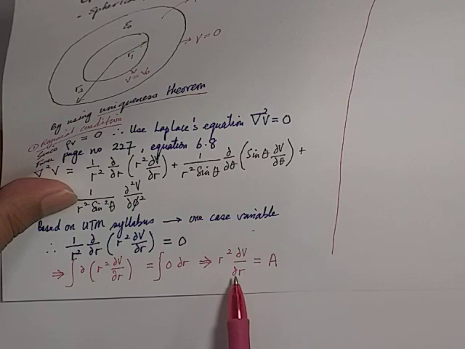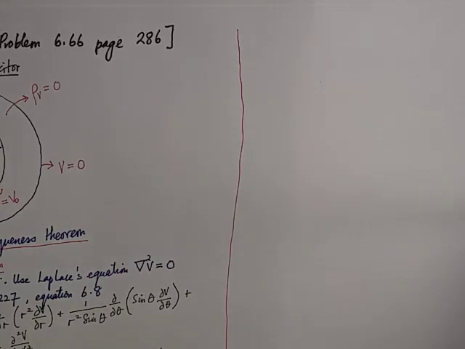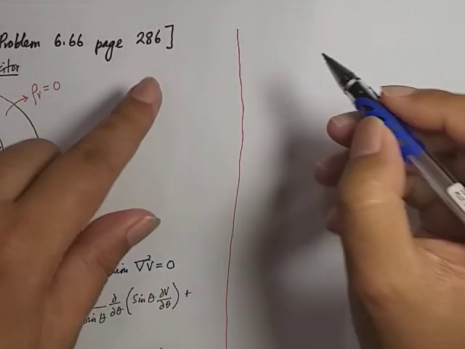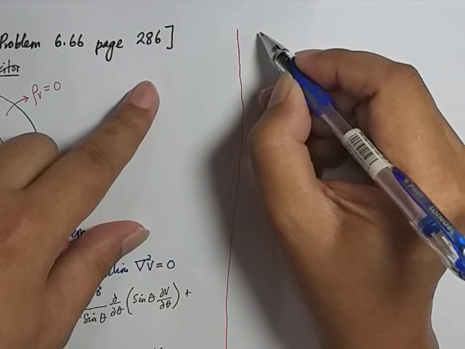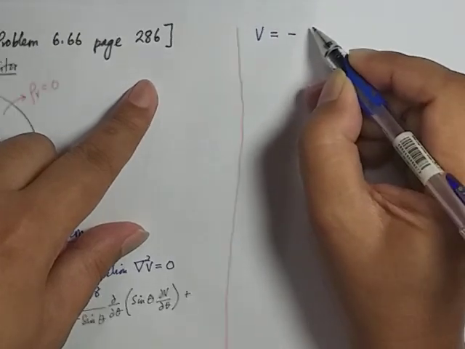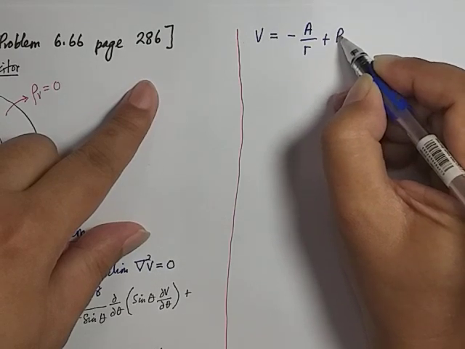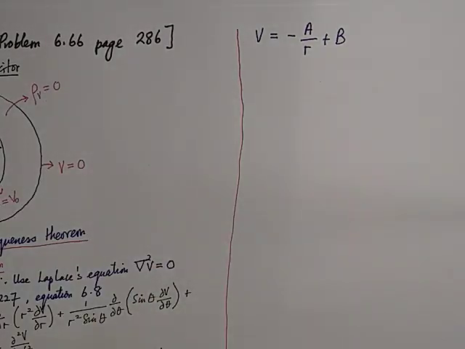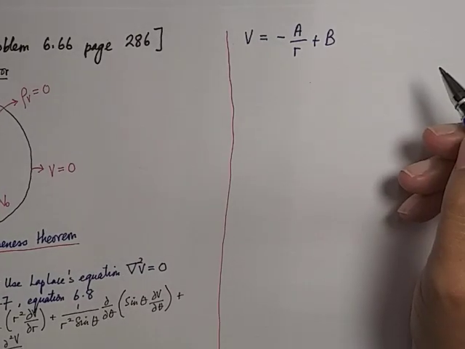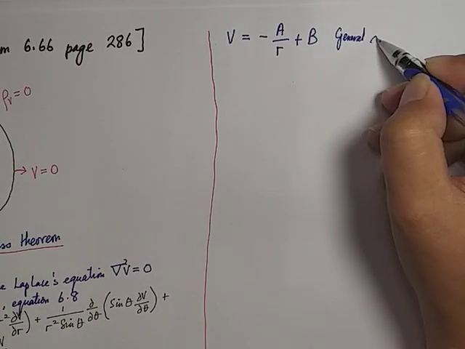Then I'm going to integrate again, and I'm going to have this as my solution. So by repeating the process, I'm going to have V equal to negative a over r plus b, correct? Because integration of r to the power negative 2 becomes negative 1, you put the negative in front, and then you add a constant. So this is what we know as the general solution.